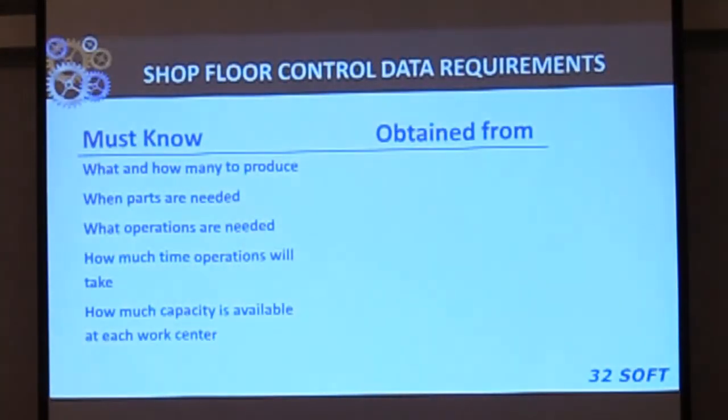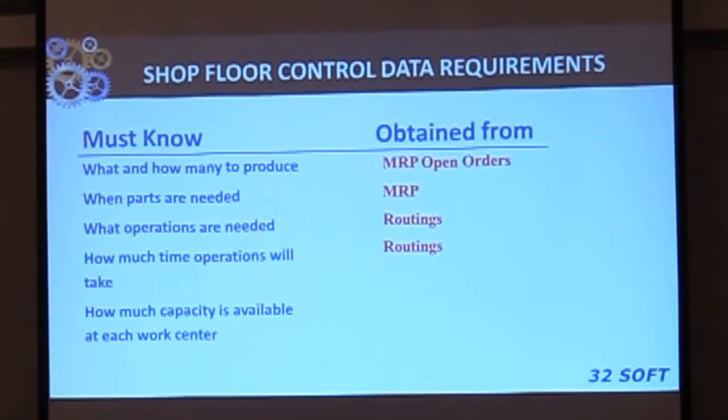So this becomes the process of authorizing the product to be released. So what kind of information do we need to do that? Well, we need to know how many are going to be produced. That comes from MRP open orders. We need to know when those parts are needed, and we saw that by that lead time offset, the difference between the due date and the release date of the lead time is when we need it. What operations, we'll talk about routings and what that means in terms of shop floor control.